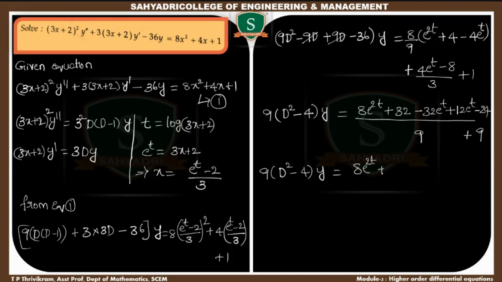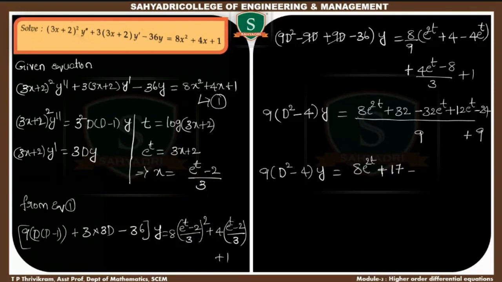here 32 plus 9 it is 41. 41 minus 24, how much? 17. So we'll get 17 minus 32 e power t plus 12 e power t.